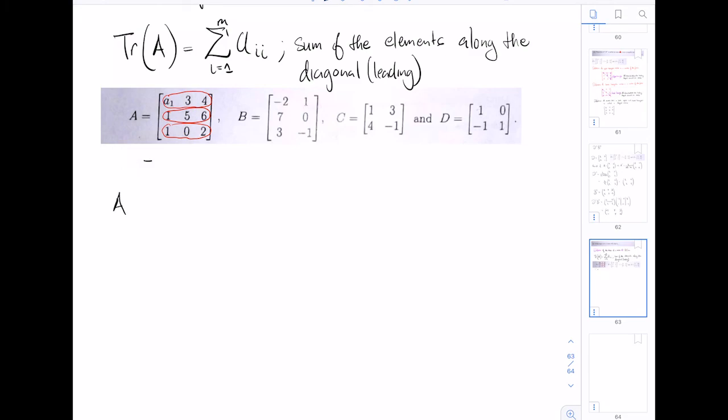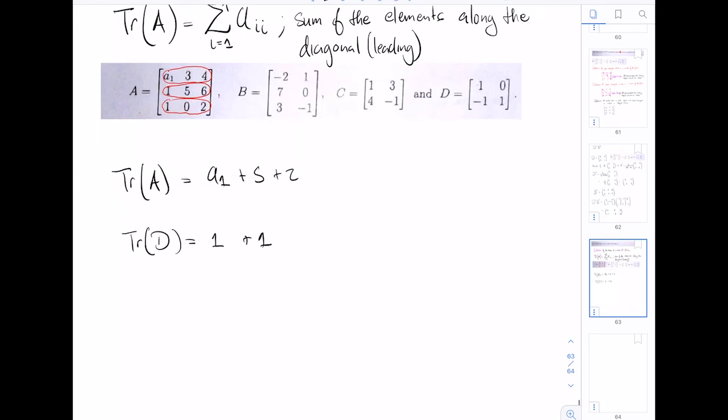So the trace of A for this question is equal to A1 plus 5 plus 2. And the trace of D for this question is equal to 1 plus 1.